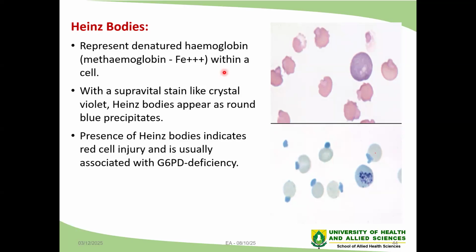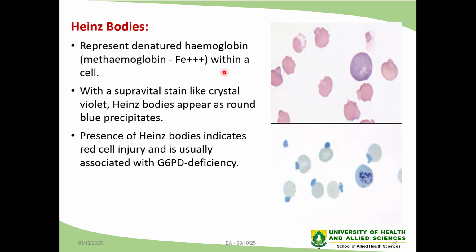Now, the Heinz body in itself, chemically, is denatured hemoglobin. If we say denatured hemoglobin, we are referring to hemoglobin that, in oxyhemoglobin, has the iron in the ferrous state, Fe2+. And then methemoglobin has the iron in the ferric state, which is Fe3+.